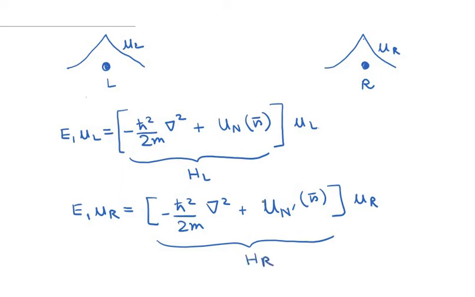Now this UN dash and this UN have the same form because the atoms are the same, but they are separated in space, that's it. The form is basically the same.